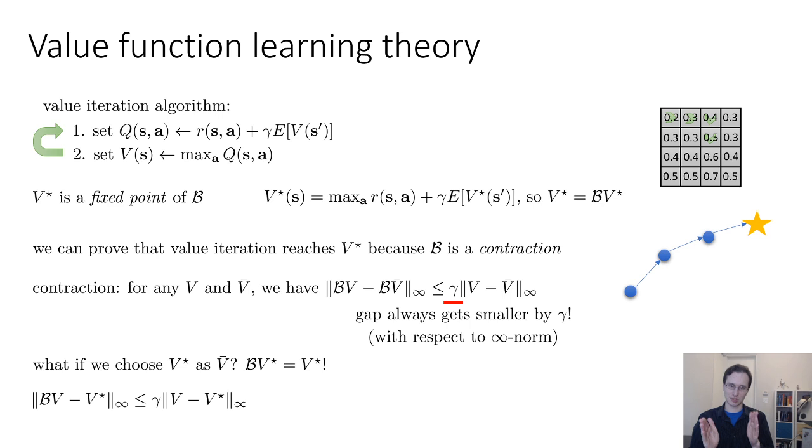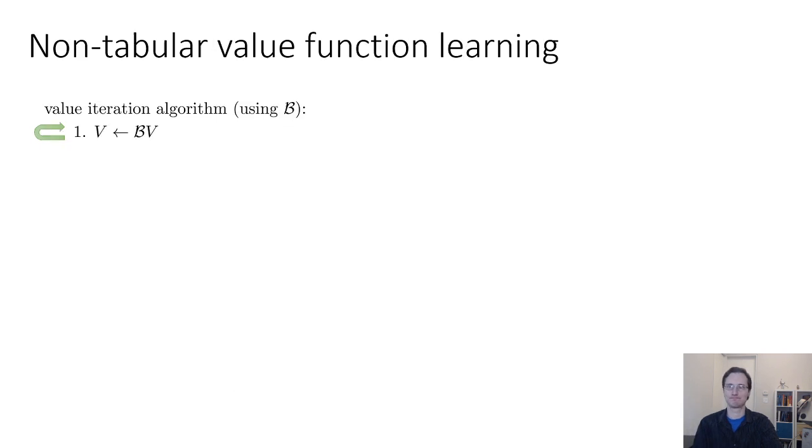So the state at which V and V star disagree the most, they'll disagree less after you apply B. Okay, so infinity norm, and this is important. This will come up shortly. All right. So regular value iteration can be written extremely concisely as just repeatedly applying this one step: V goes to BV.